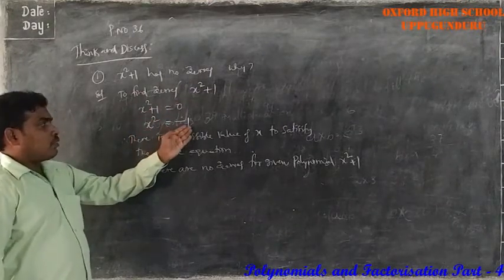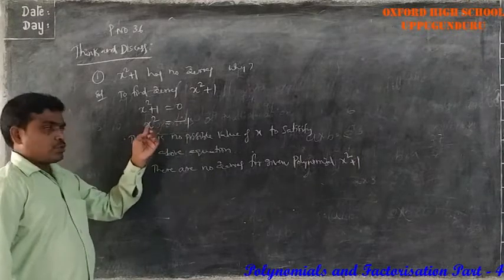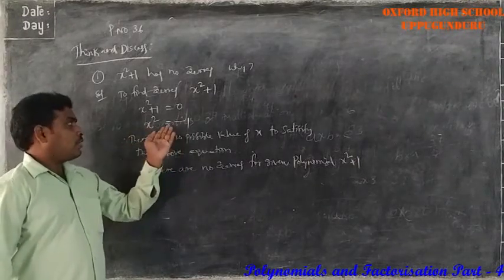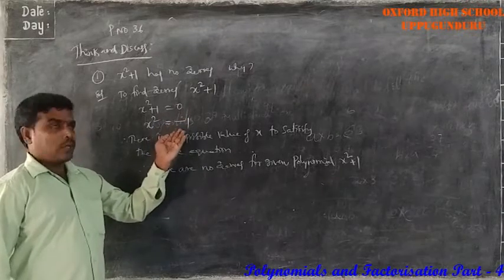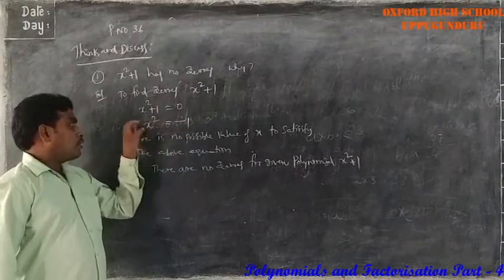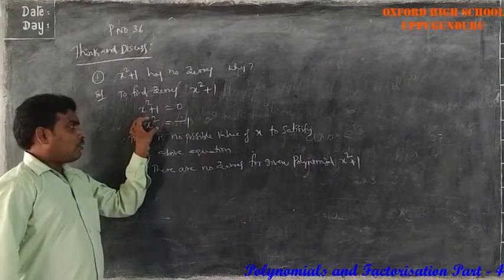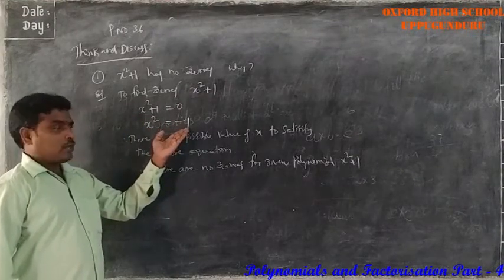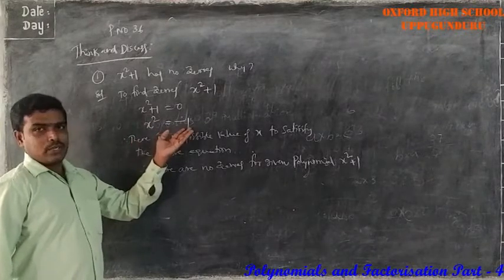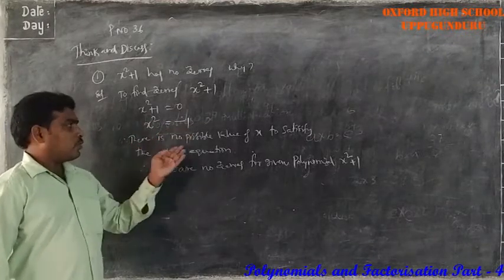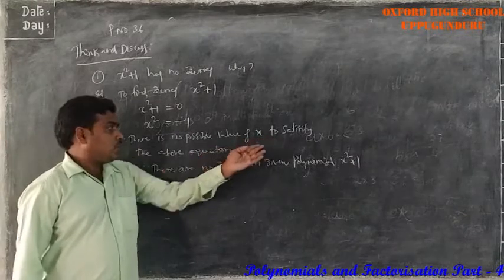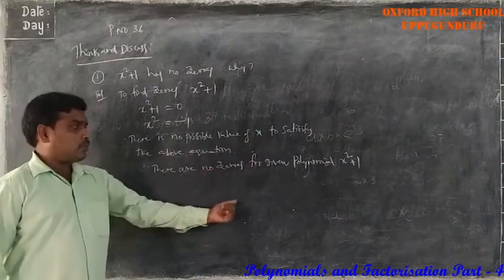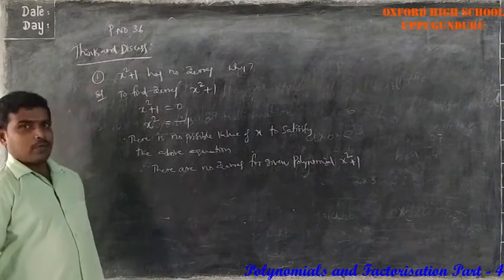Here x square equal to minus 1. Square of any number is always non-negative, but here we are getting a negative value. That's why there is no possible value of x to satisfy the above equation. Therefore, there are no zeros for the given polynomial x square plus 1.